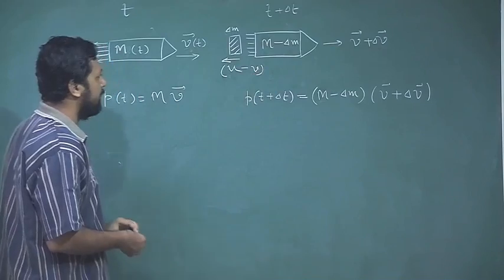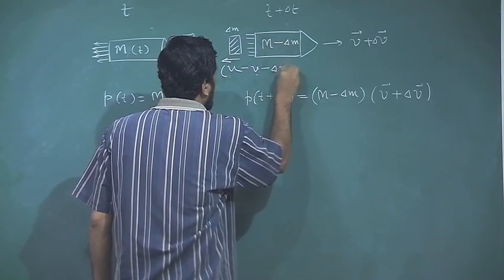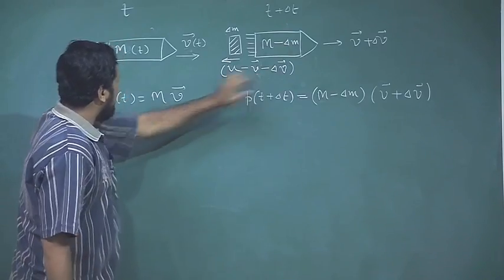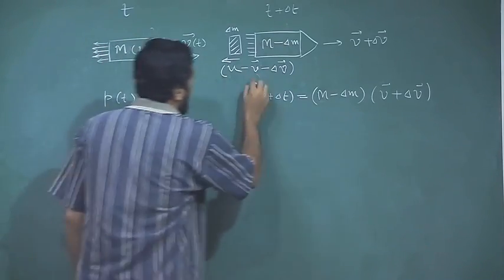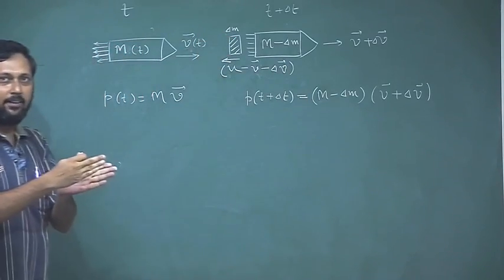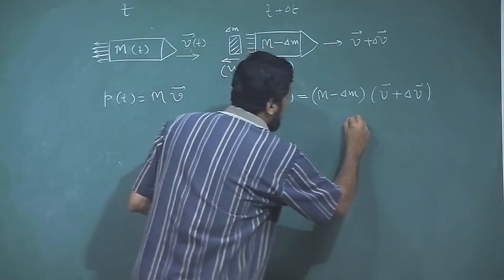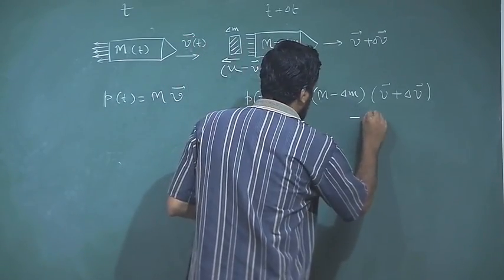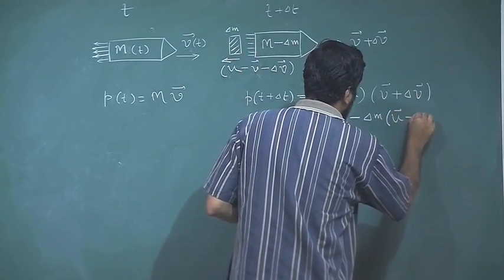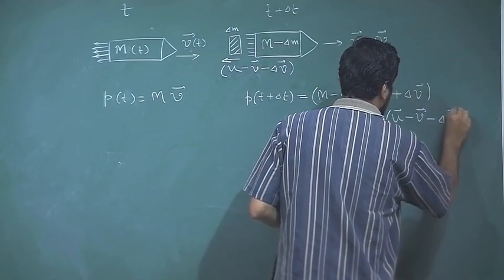We will see that the delta v correction will not affect the calculation much. This is going in the opposite direction, because there is a jet of exhaust gas which leaves the rocket body. So this momentum has to be subtracted from the total momentum, and then we have delta m times u minus v minus delta v.